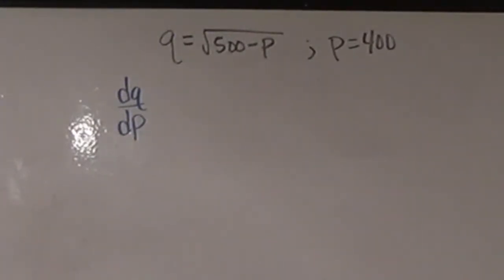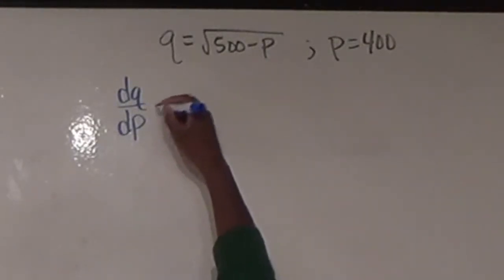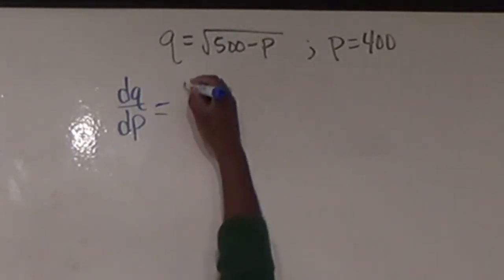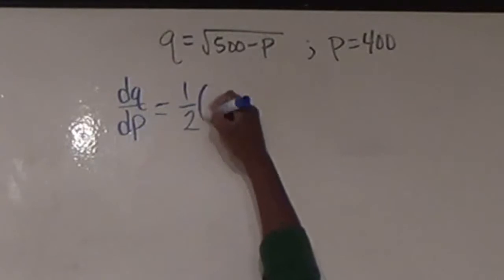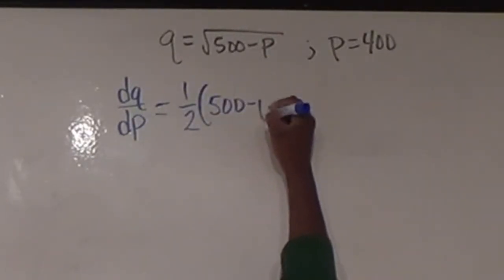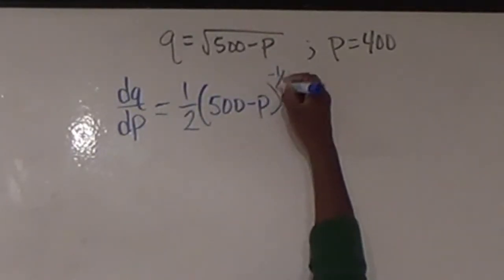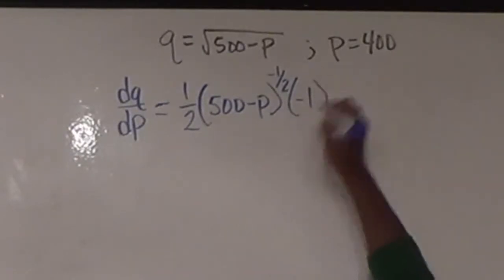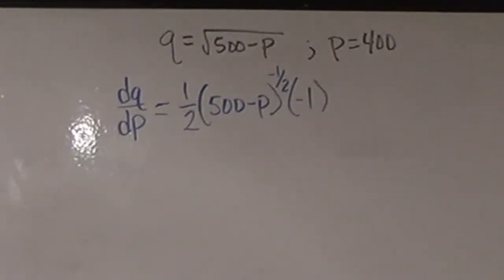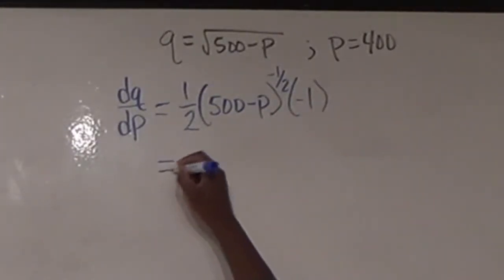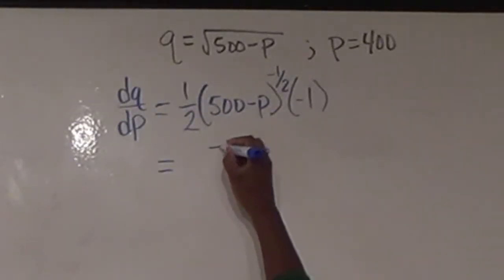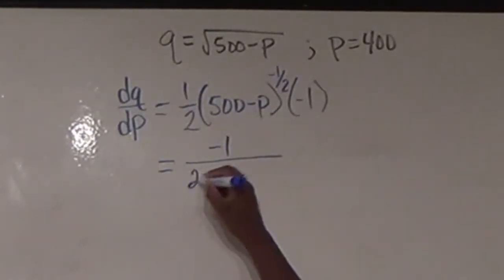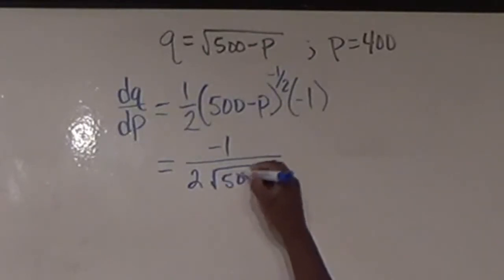Okay. In this case, since we're already given Q in terms of P, we can take the derivative directly. So we can think 1/2 of (500 minus P) to the negative 1/2 times negative 1. Okay. So rewriting, our dQ/dP is going to be negative 1 over 2 square root of 500 minus P.